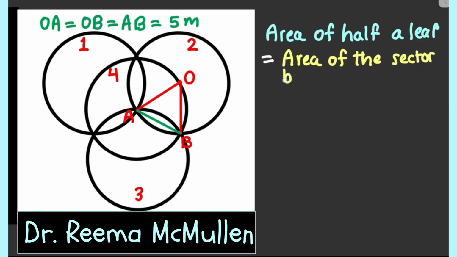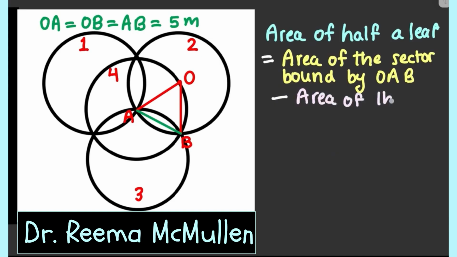That is bound by points O, A, and B, minus. From this, we are going to subtract the area of the equilateral triangle OAB. All right, so this is the concept that we're going to use.